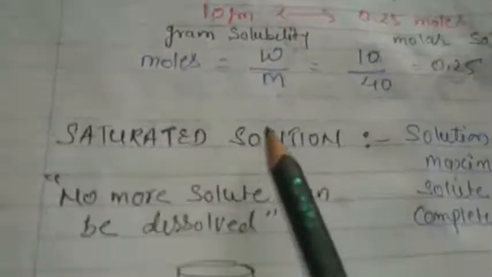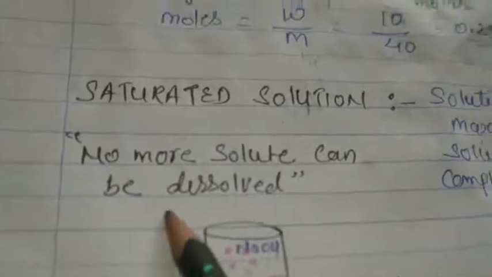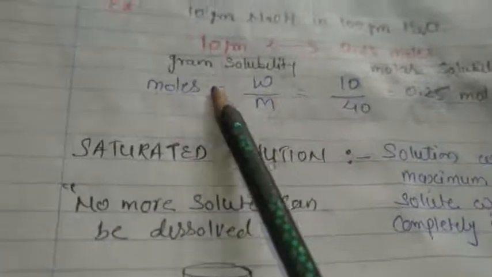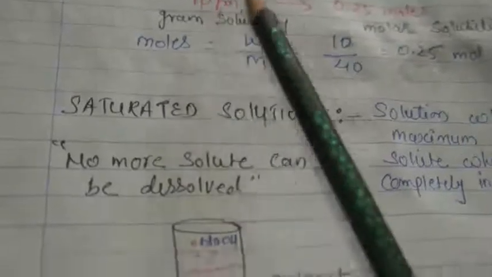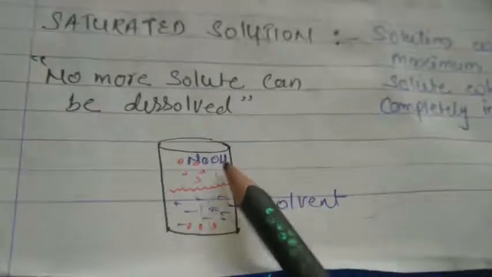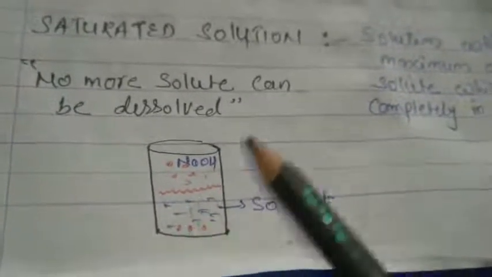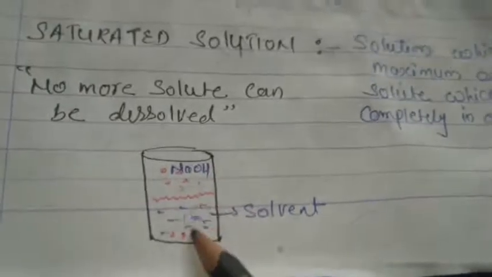See, saturated solution means no more solute can be dissolved. Means if the gram solubility of NaOH is 10 gram, means in 100 gram of water only 10 gram of NaOH completely dissolves. Clear? And it makes a saturated solution.